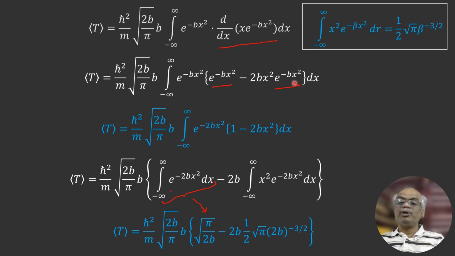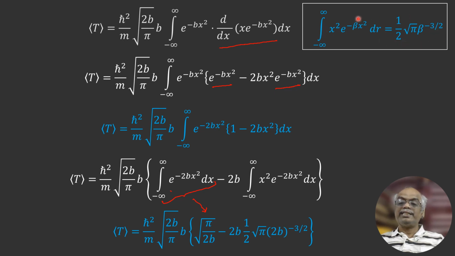From the Gaussian integral, the integral from minus infinity to plus infinity of x squared e to the power minus beta x squared dx is one half the square root of pi times beta to the power minus 3 by 2.